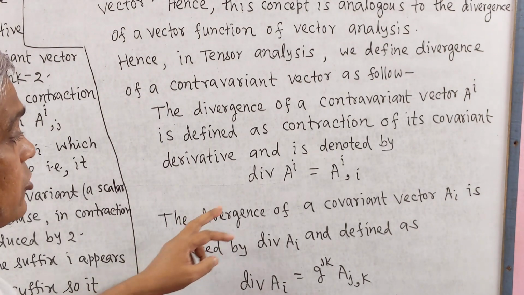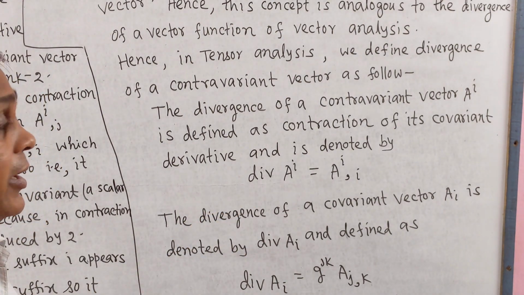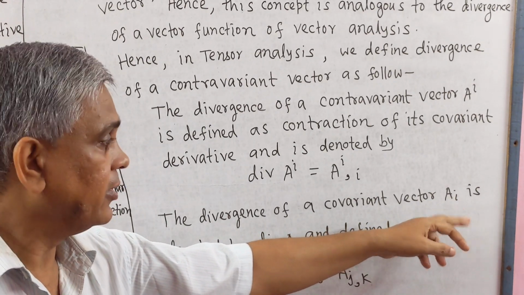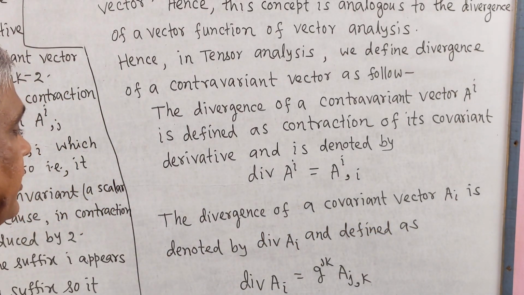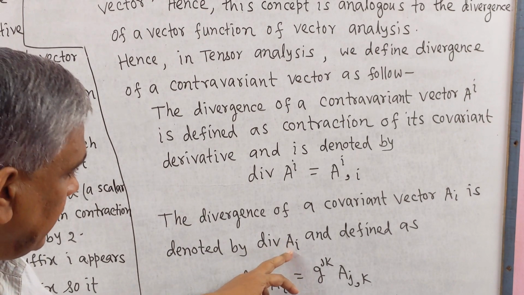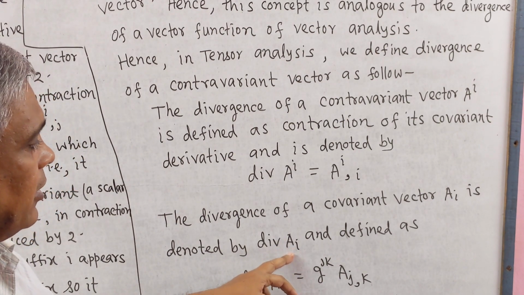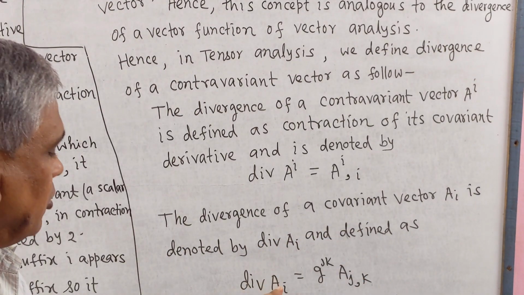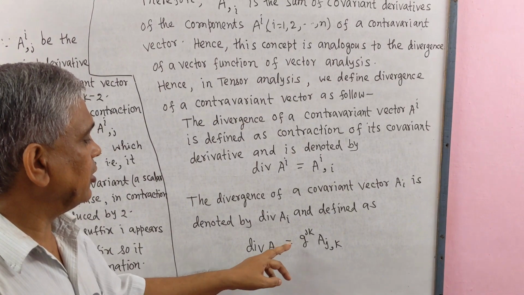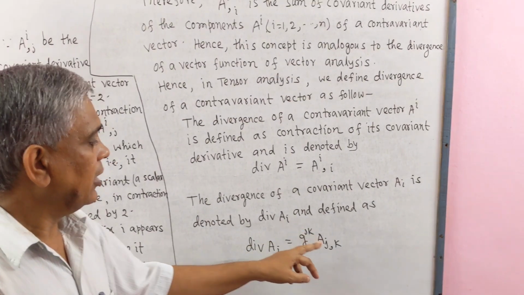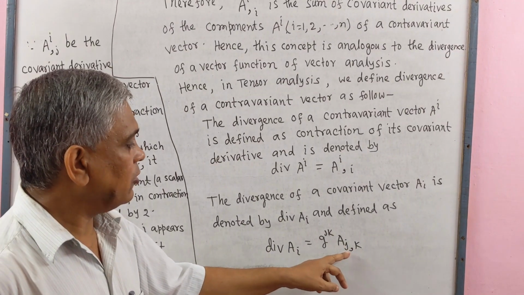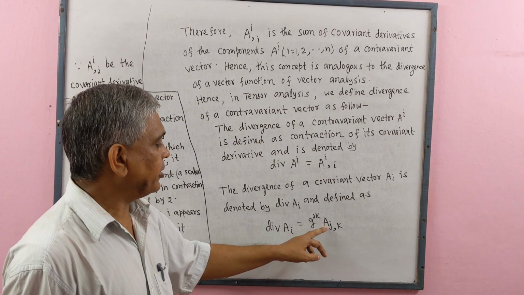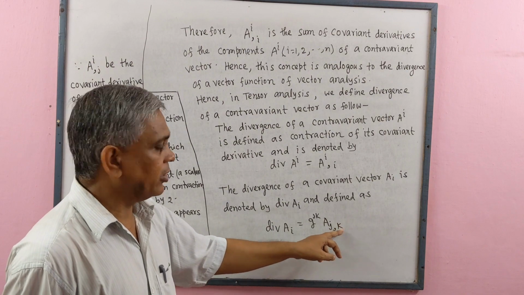The divergence of a covariant vector A_i is denoted by div A_i and defined as div A_i equal to g^jk A_j comma k, meaning covariant differentiation of A_j with respect to x^k.